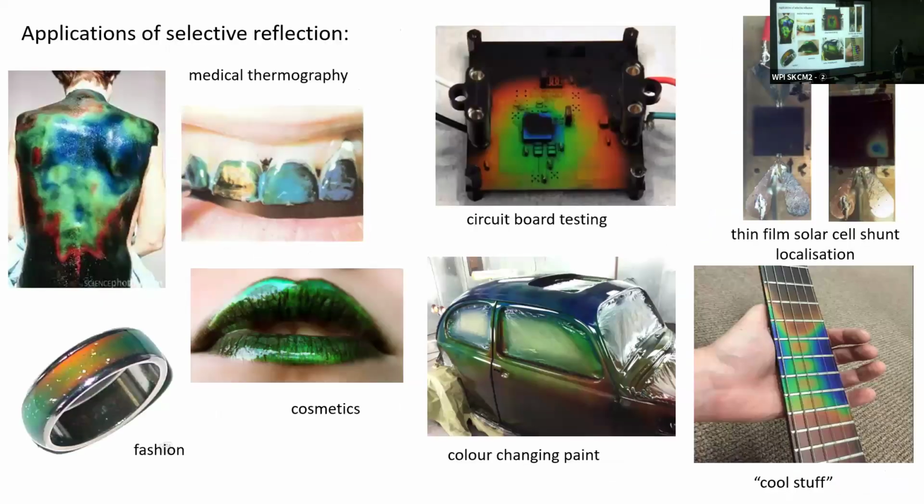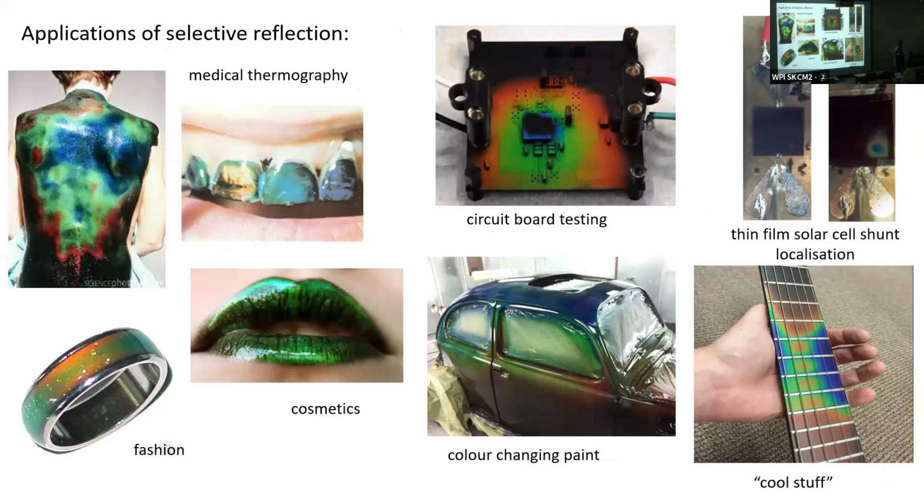Okay, and this is being used in many different areas, actually. It's used in medical thermography, basically relating to the difference in heat. So what you see is that inflammations, for example, are hotter than the rest of the body temperature.